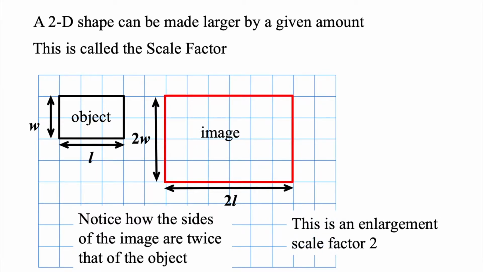So the enlargement will be a scale factor of 2. And then if the scale factor was 3, as you can imagine, this length and width will be 3 times the original object, and the scale factor will be 3.